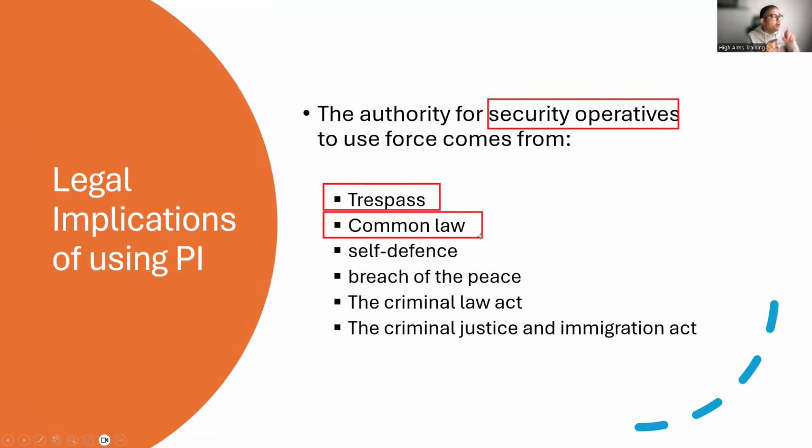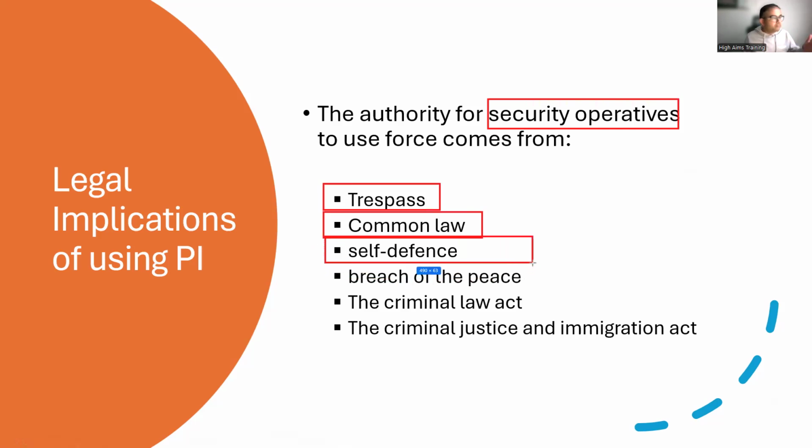There are two different types of law: criminal law and common law, right? Criminal law applies if you commit a crime against the state. Common law includes case laws, or if you are on a premises unlawfully, but you are not a threat or you're not committing a crime, then you will be dealt with under common law.